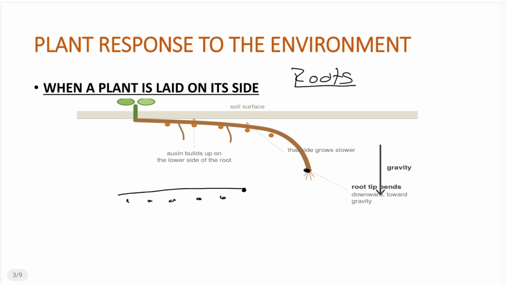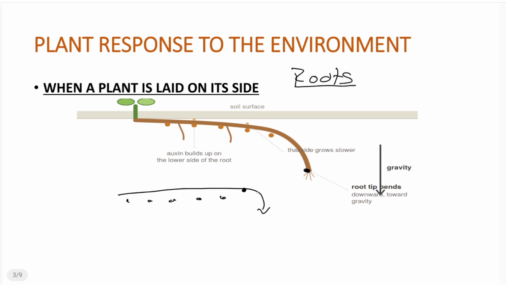But remember, we said that plants are going to bend towards the side that is growing slower. So as a consequence of a higher concentration of auxins on this bottom side, this root is going to bend downwards, because the top side will be growing faster due to a lack of auxins, and the bottom side will be growing slower due to a higher concentration of auxins.